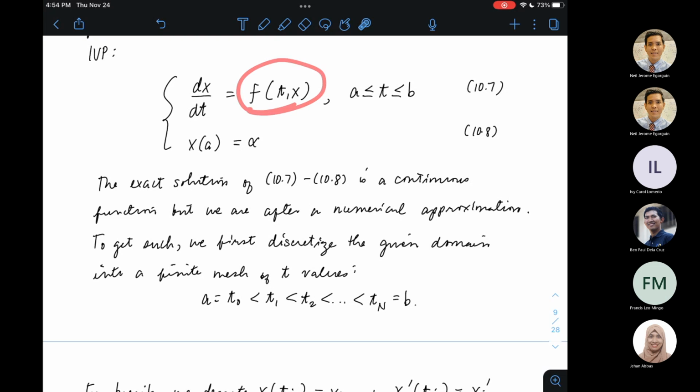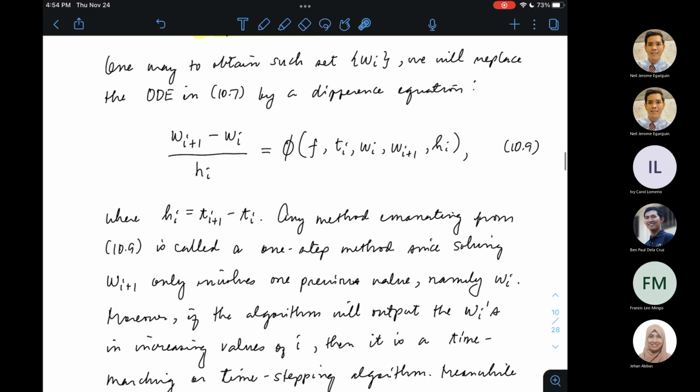So this will be altered a little bit. Instead of a right-hand side that will be just the function f given in our standard form, mapapalitan siya ng isang function or isang expression phi which involves f, the t sub i, the w sub i, possibly w sub i plus 1, and h sub i. Here I am writing h sub i for t sub i plus 1 minus t sub i.